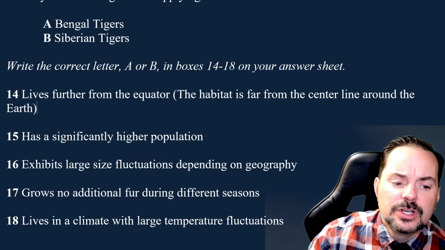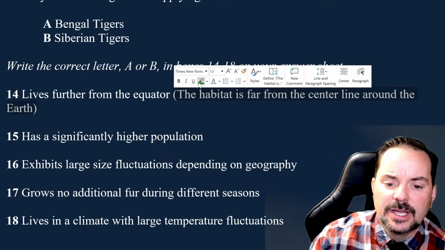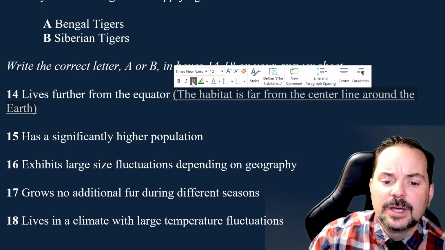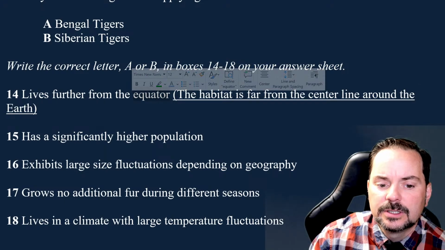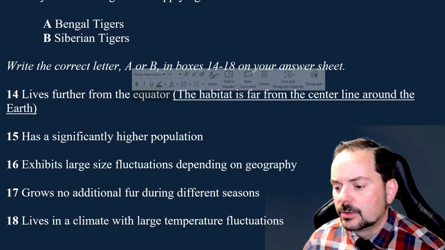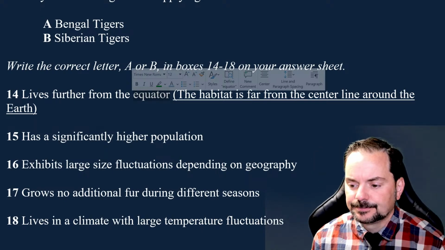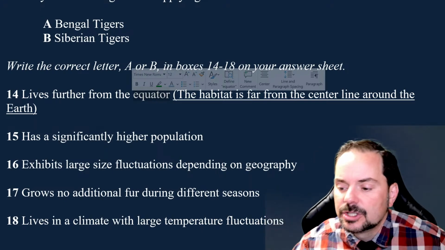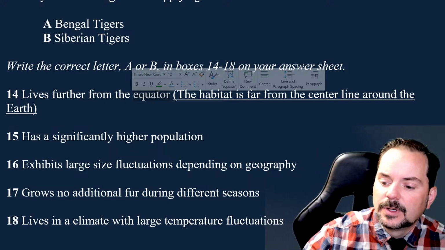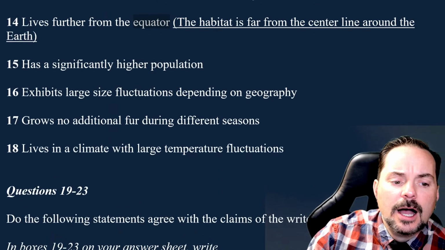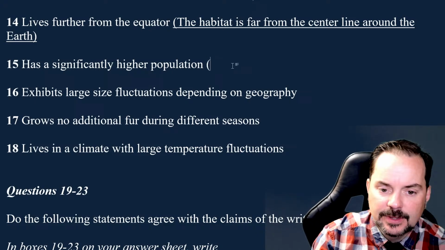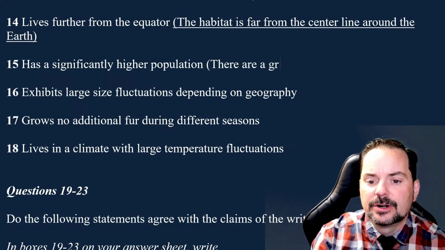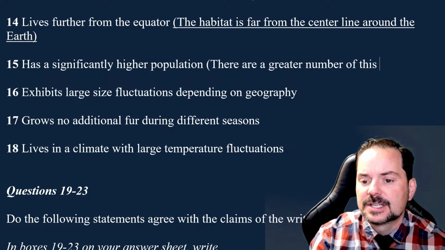All right, so you're kind of paraphrasing this. Easy way to remember the word equator: the country, Ecuador. Equator, Ecuador. Make that connection. Has a significantly higher population. There are a greater number of this kind of tiger.